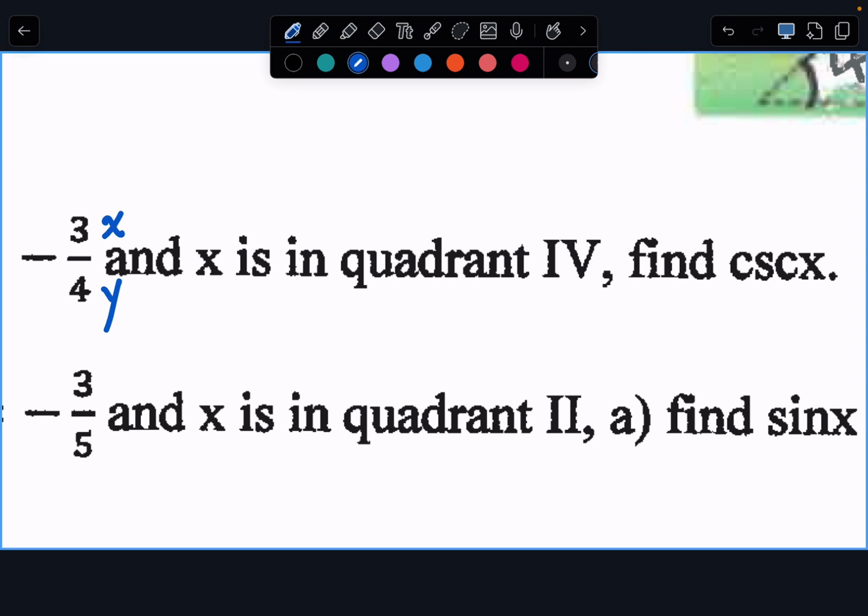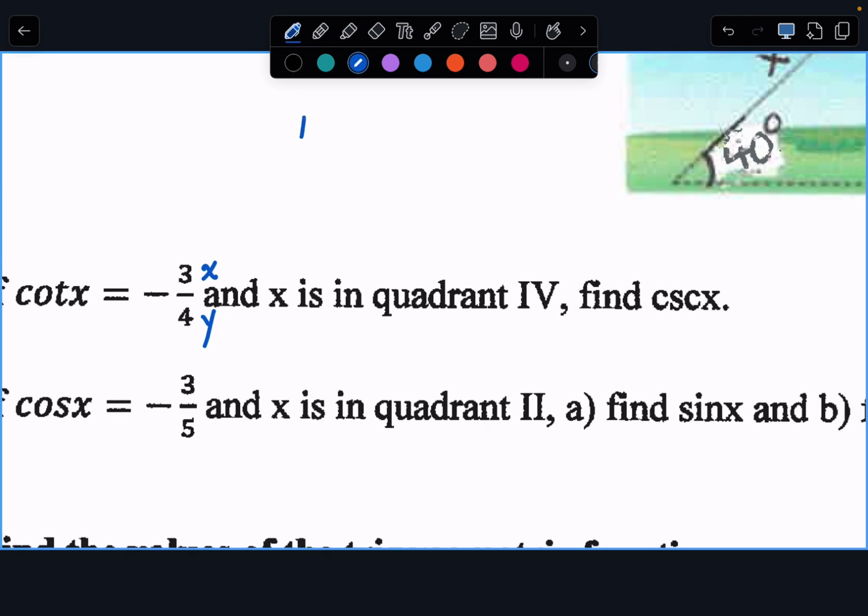Sine, right, which is y, so it'd be 4 over 5. Done. You could do that. You don't have to use your identities, but I would just use my identities if I were you.